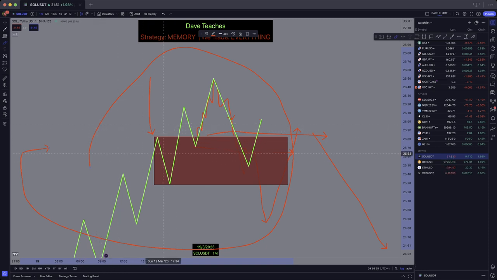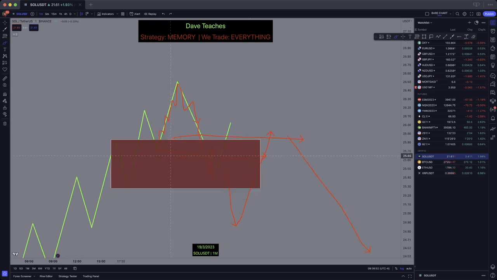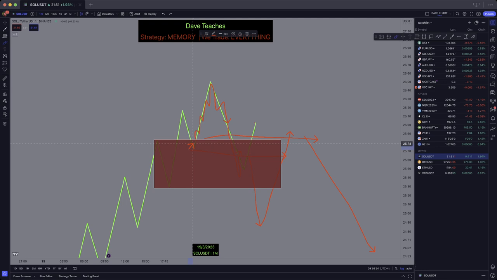What happens if 15 to 50, maybe even, hourly candles form after the touch of this hourly zone? 50 hours of data, and then it comes back here. Tell me, how many hours of data do you remember from that time frame? 50 hours of data that happened before you got back here.